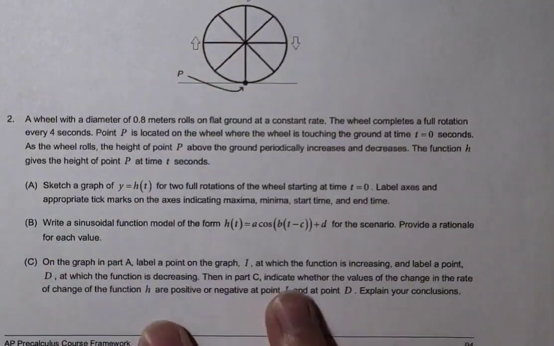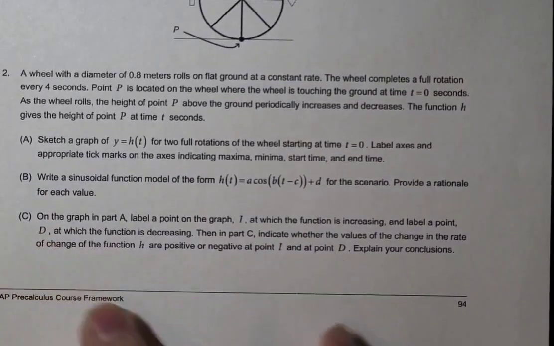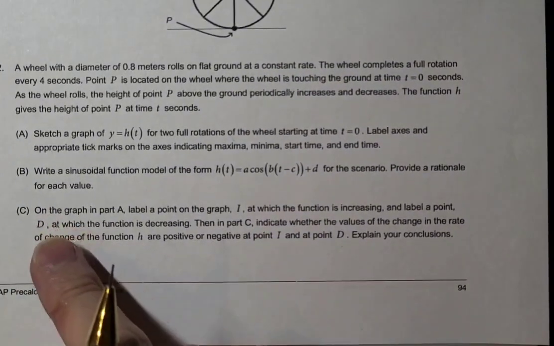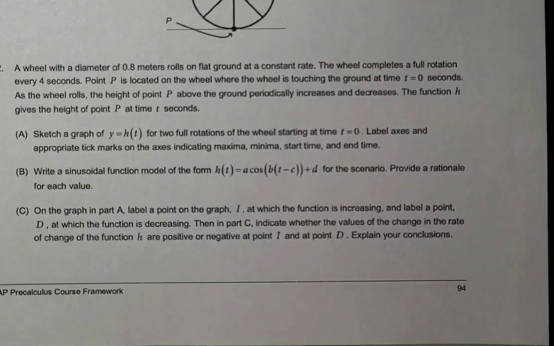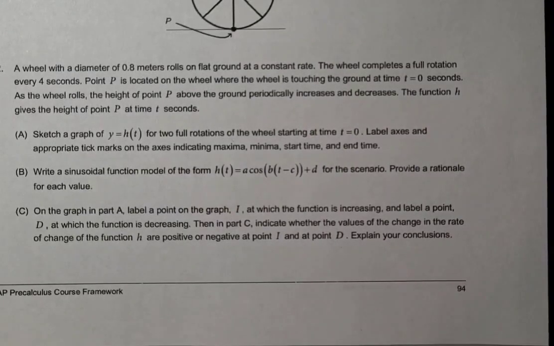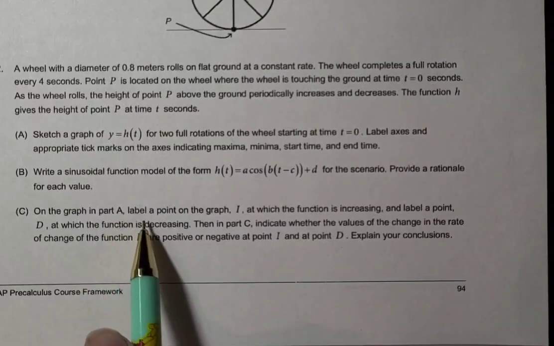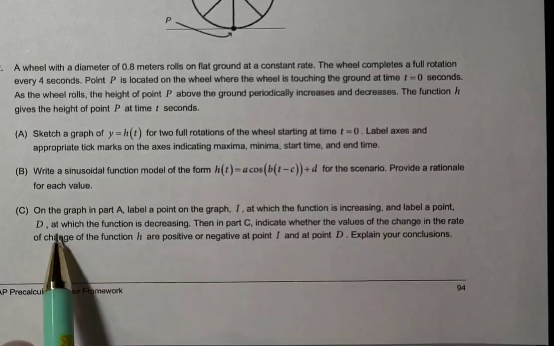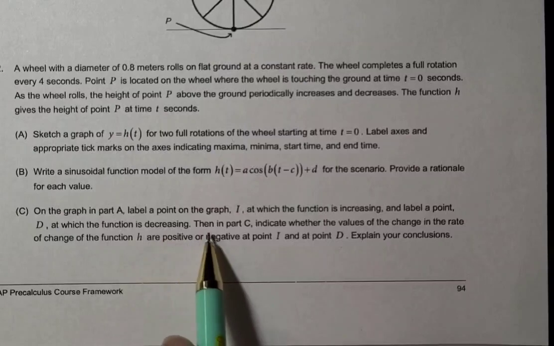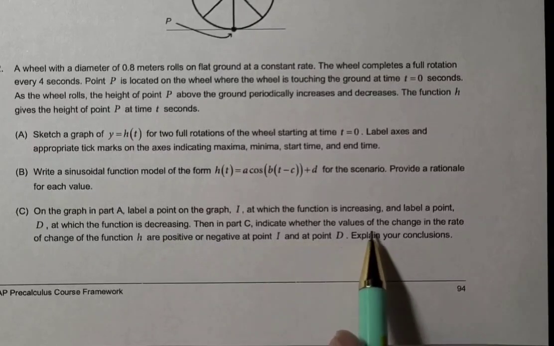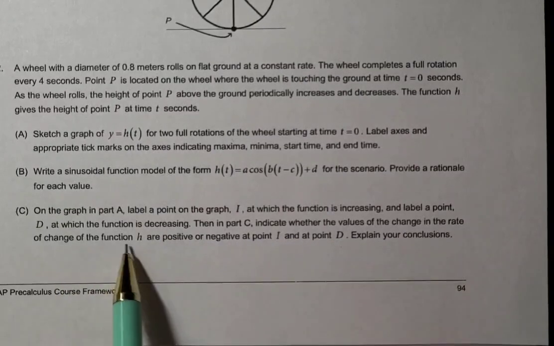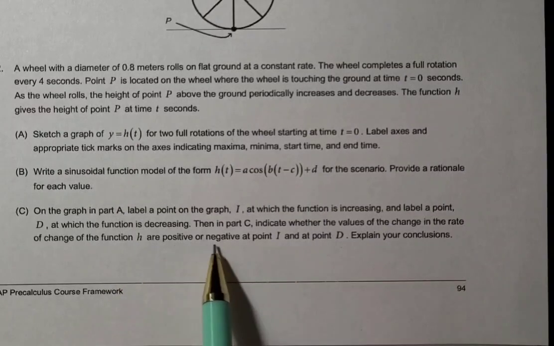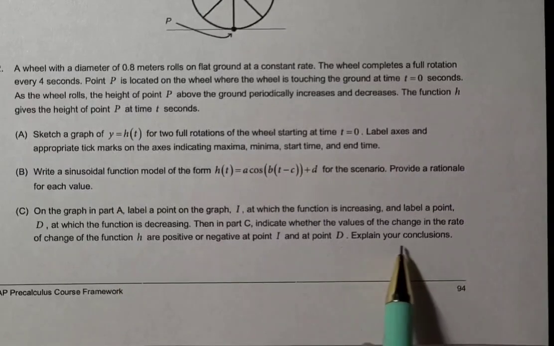Okay, now this is another bad question in my opinion. So I'll do it the way that they probably intended to first. On the graph in part A, label a point on the graph I at which the function is increasing and label a point D at which the function is decreasing. Then in part C, indicate whether the values of the change in the rate of change of the function h are positive or negative at point I and at point D. Explain your conclusions.